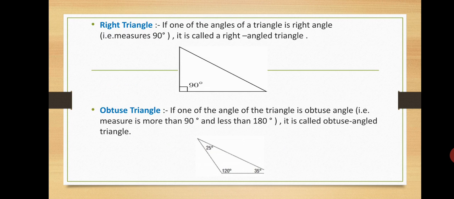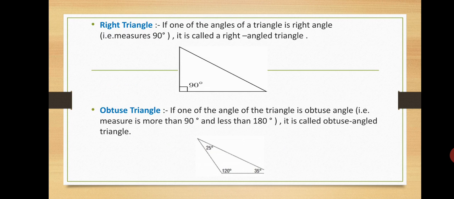And the last one is obtuse triangle. If one of the angles of the triangle is an obtuse angle, meaning its measure is more than 90 degrees and less than 180 degrees, it is called an obtuse angled triangle.